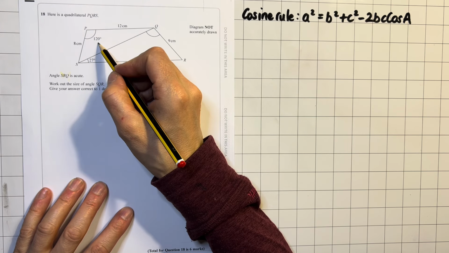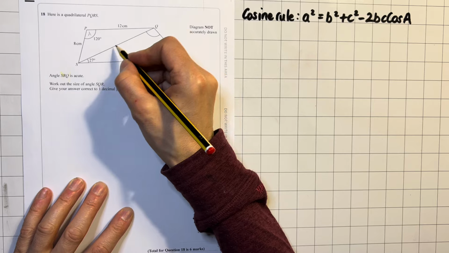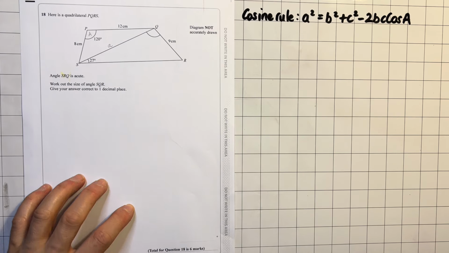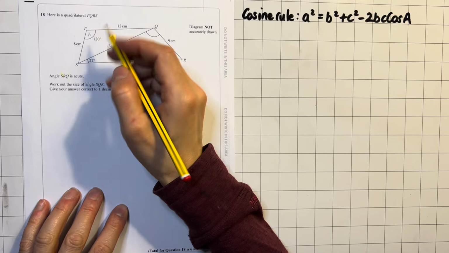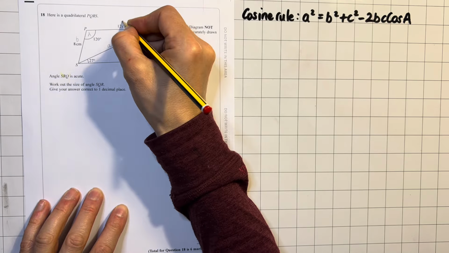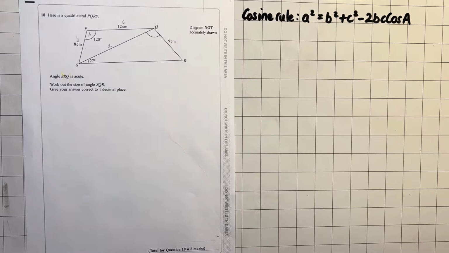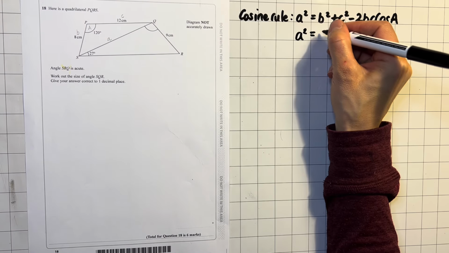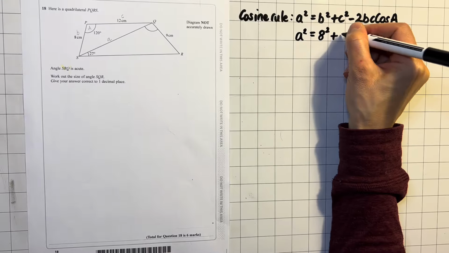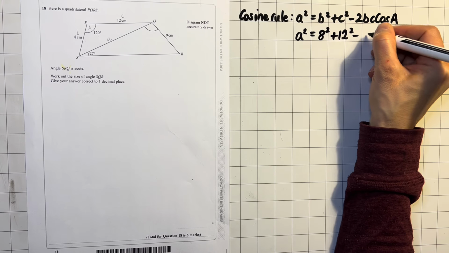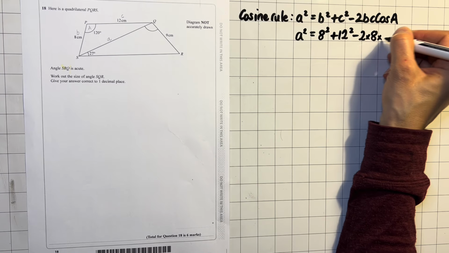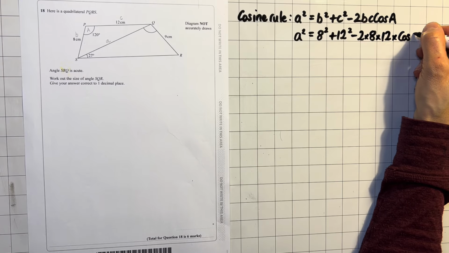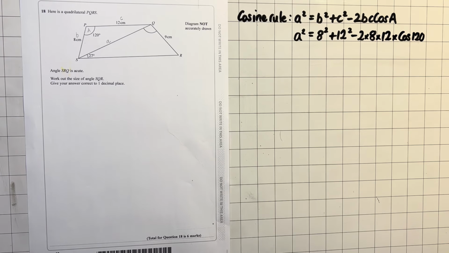If we name this angle here A, then this length here will be my little a. And these two sides can be labelled little b and little c. This will give us a squared is equal to 8 squared plus 12 squared, take away 2 times 8 times 12 times cos 120.